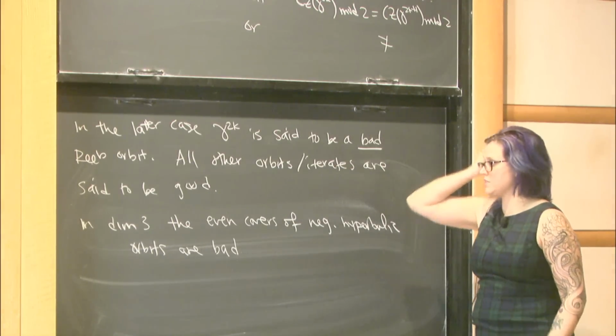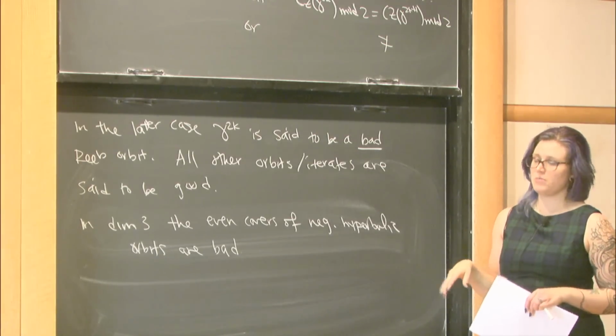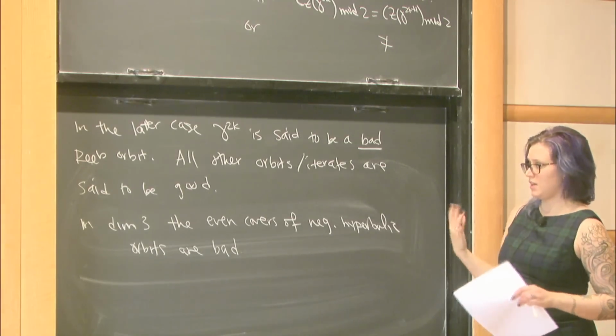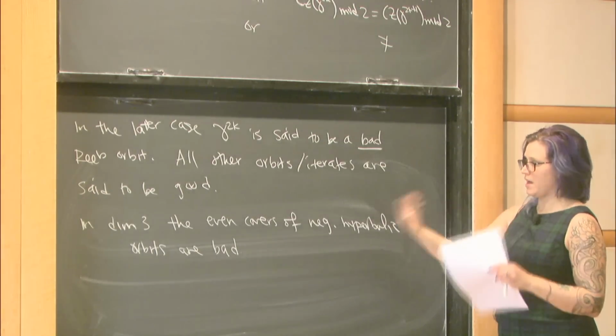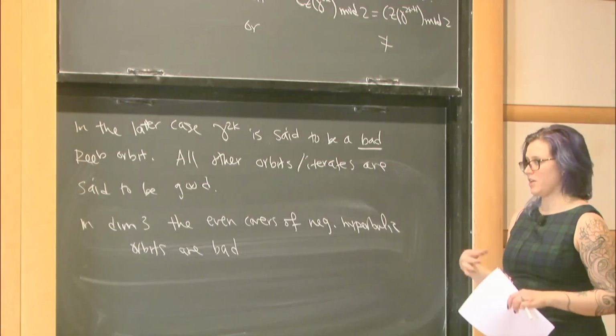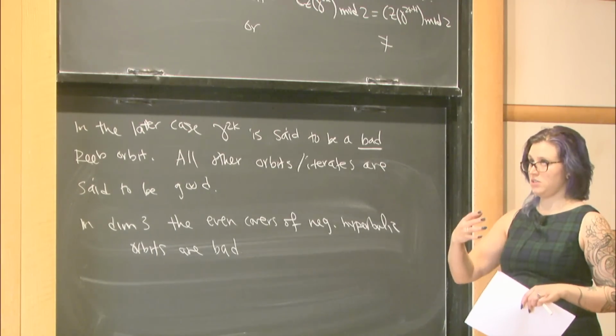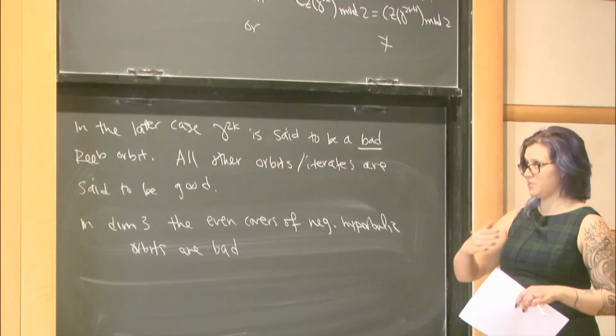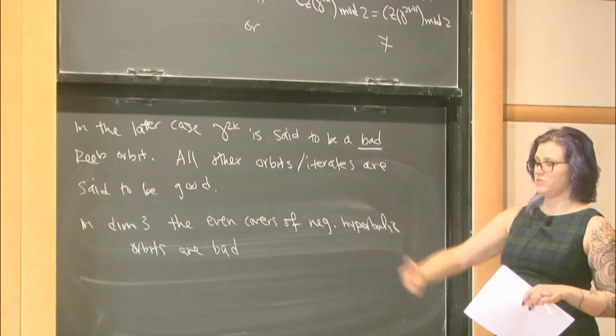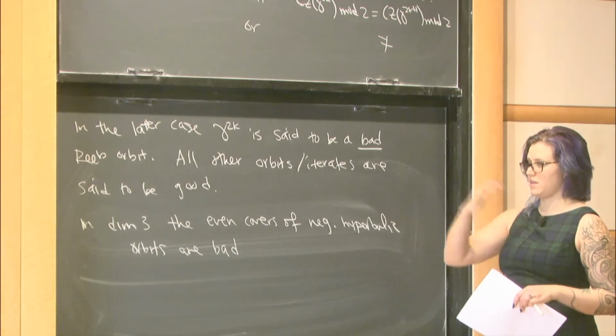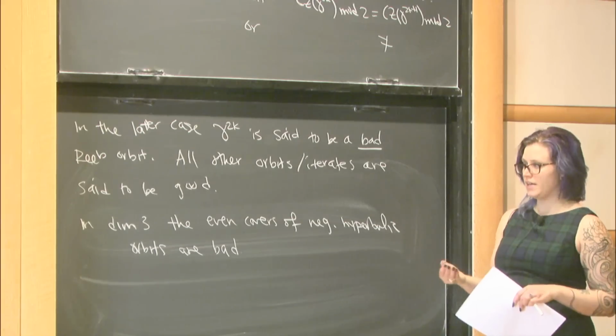And then a slightly more satisfactory way to see that you have to exclude bad Reeb orbits is you can actually write down a period doubling bifurcation. You can look at the chain complex before and after. In a period doubling bifurcation, you have an elliptic Reeb orbit. After the bifurcation, the period of that elliptic orbit doubles, and you also introduce a negative hyperbolic orbit of the same action as the original one.